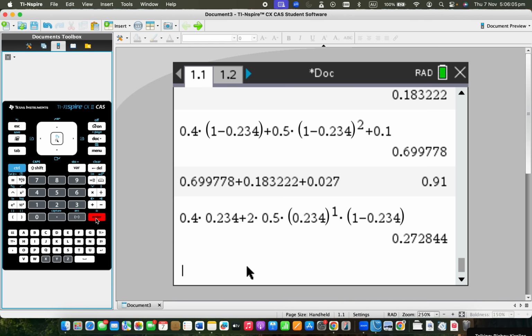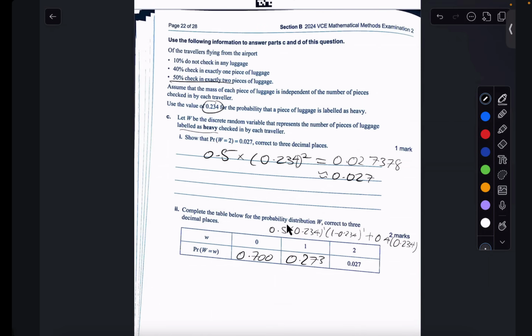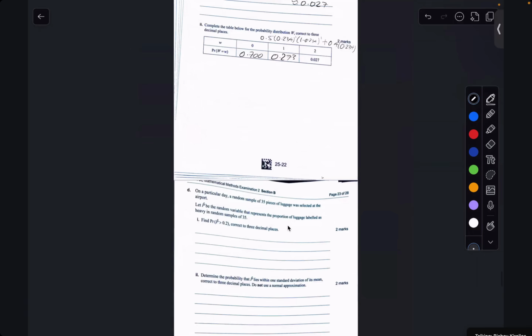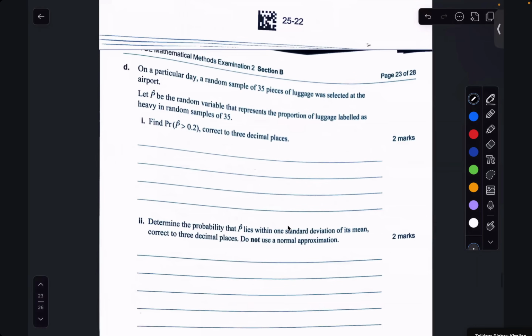So that should fix it up. So that's 0.273, and let's see if these add up to 1. So that plus the 0.027, and that's 1.